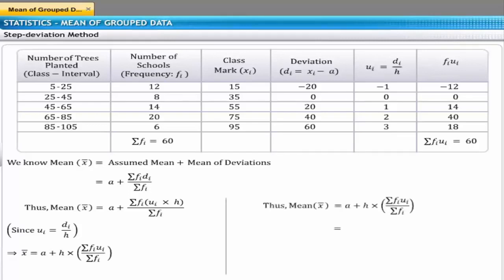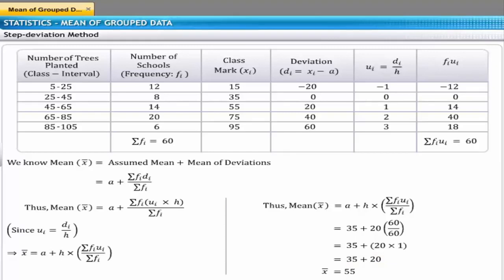Further substituting in the values, we find that the mean of the given grouped data is 55.